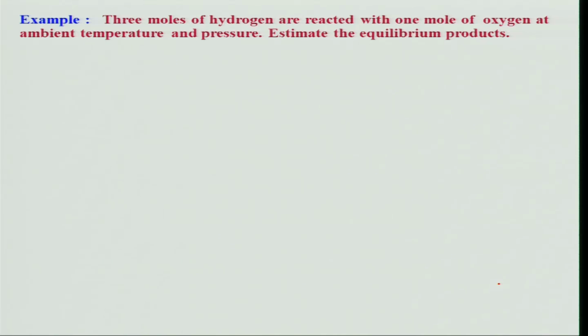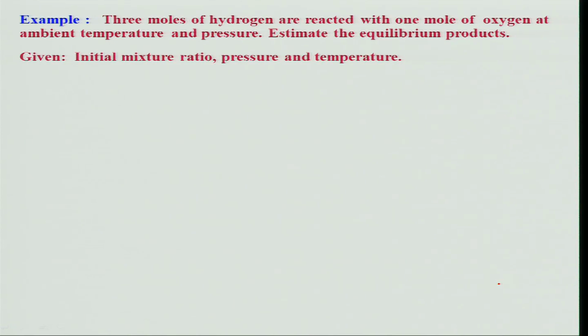Okay. So, let us look at 3 moles of hydrogen reacted with 1 mole of oxygen at ambient temperature and pressure. We need to determine the equilibrium products. What is given? The initial mixture ratio is given, that means 3 moles of hydrogen reacting with 1 mole of oxygen, and pressure and temperature are given.